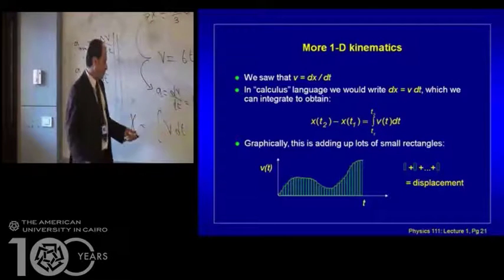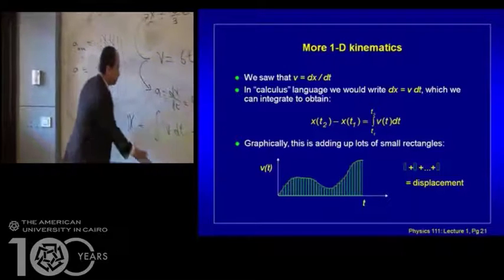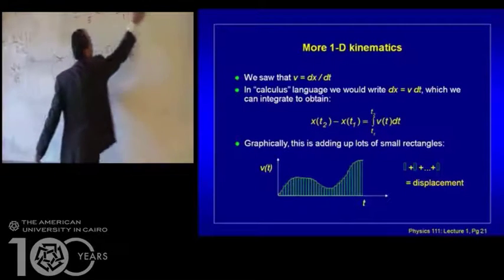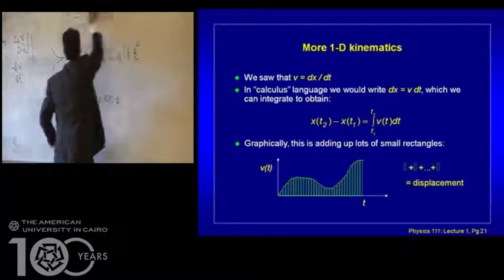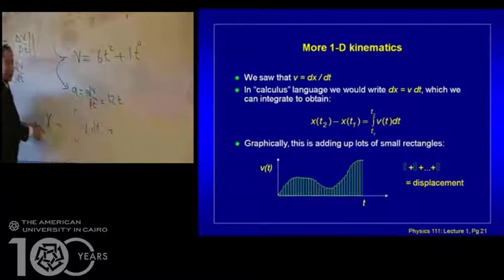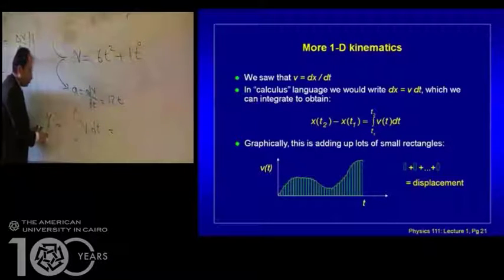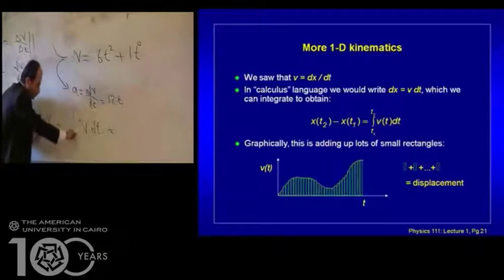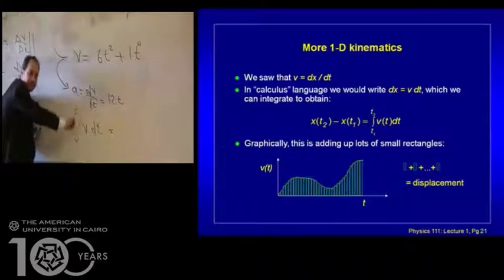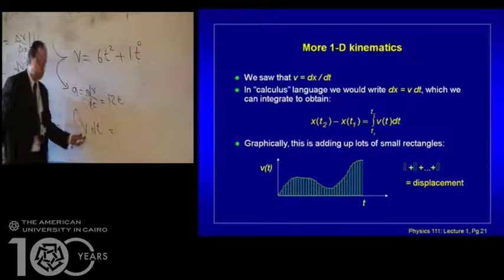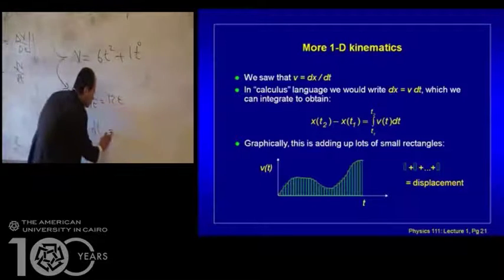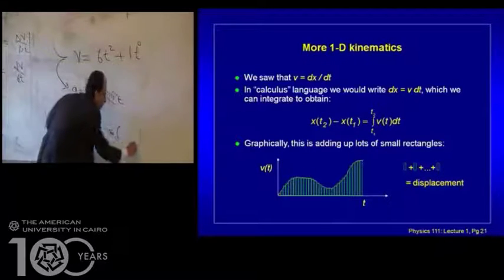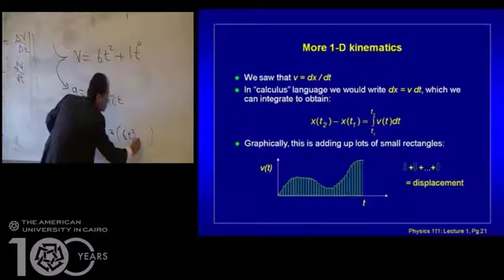So now, let's do this. Again, assume that I don't know this. I'll do it one more time. We need to find the position as a function of time. Position, that simply means the integration of the velocity with respect to time. So it's the integration of the velocity, which is 6t squared plus 1 dt.